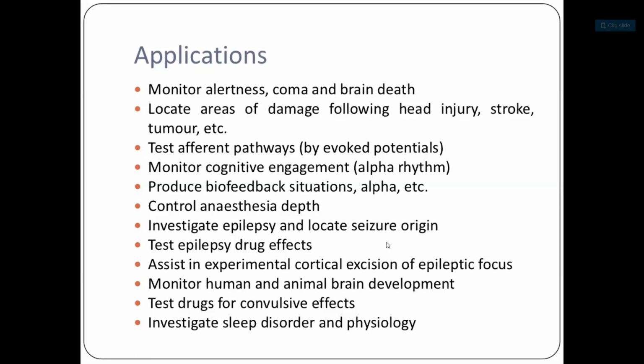Monitor cognitive engagement, produce biofeedback situations, alpha, etc. Control anesthesia depth, investigate epilepsy and locate seizure origin, test epilepsy drug effects, assist in experimental cortical excision of epileptic focus, monitor human and animal brain development, test drugs for convulsive effects, investigate sleep disorders and physiology.